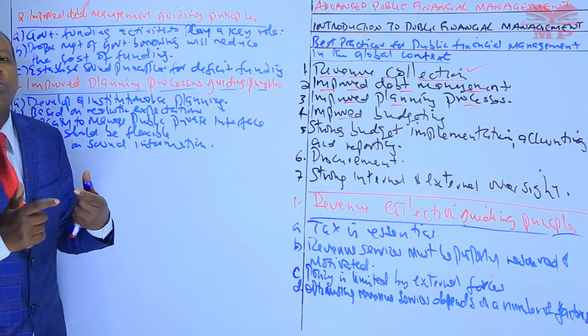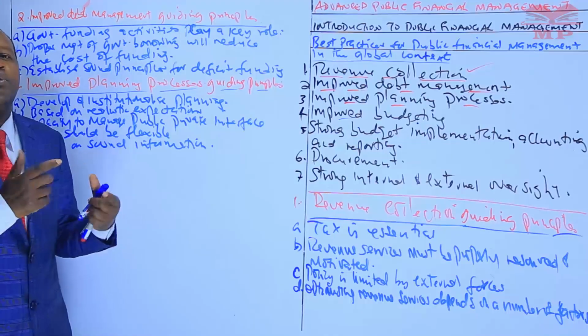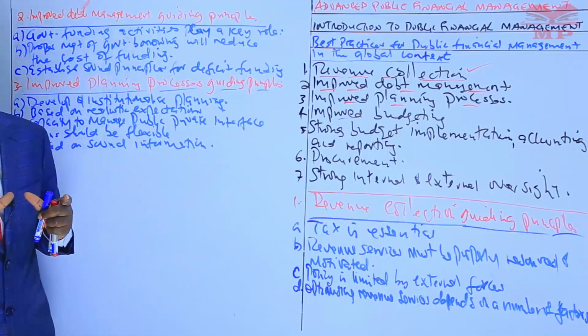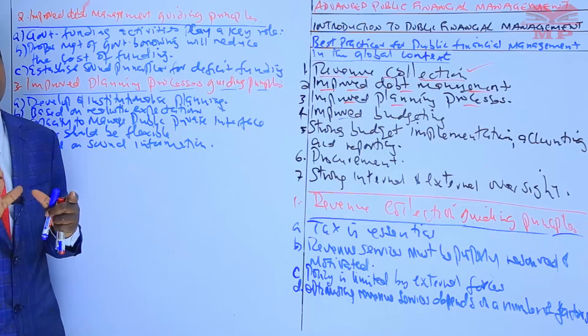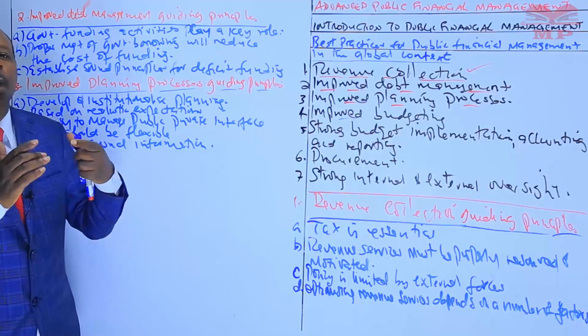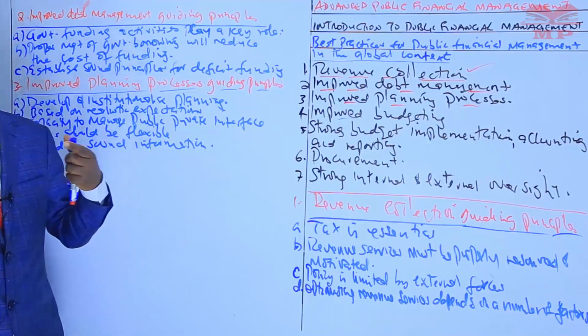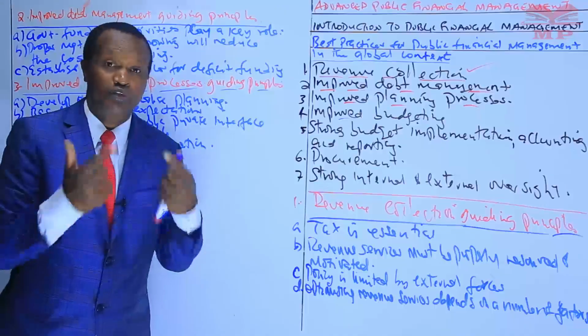So there ought to be what we call bipartisan political commitment to the process. We should then ensure full implementation, even though there may be a change of government or regime.